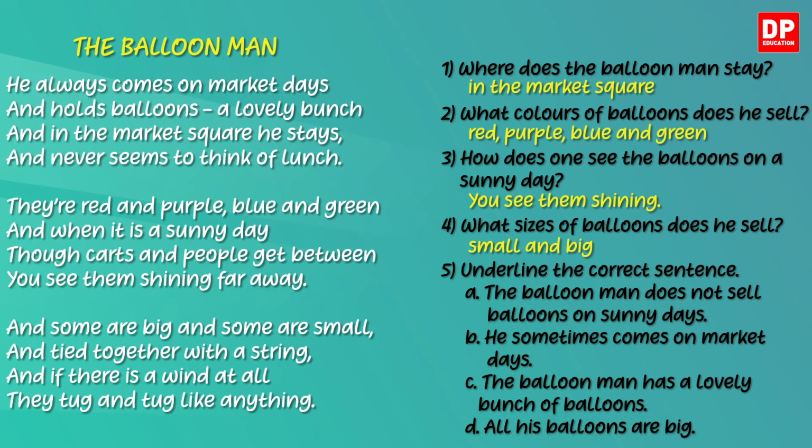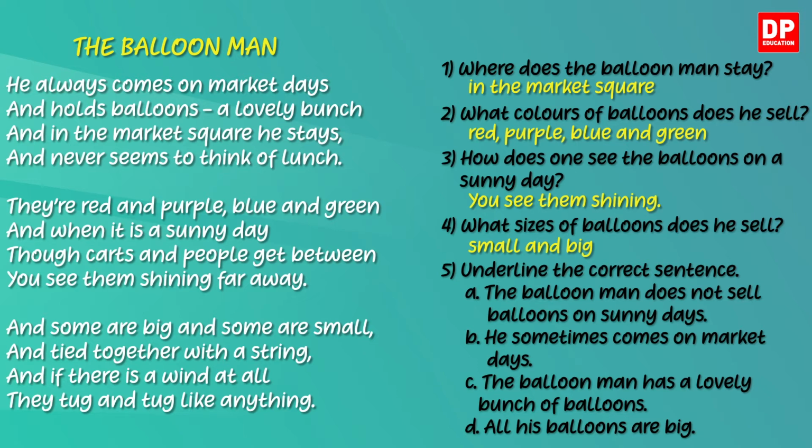Let's read the third one. The balloon man has a lovely bunch of balloons. This is directly said in the second line of the poem. And holds balloons a lovely bunch. So this is correct. Anyway, let's check the last one too. The last sentence is all his balloons are big.